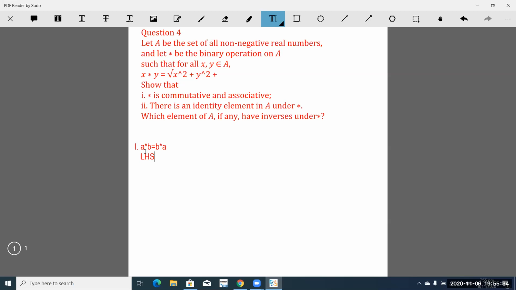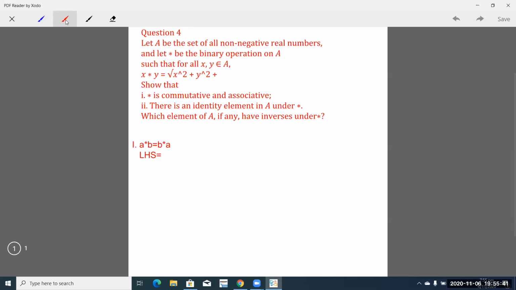So you start with your left-hand side, and what's A star B? It's the square root of A squared plus B squared.